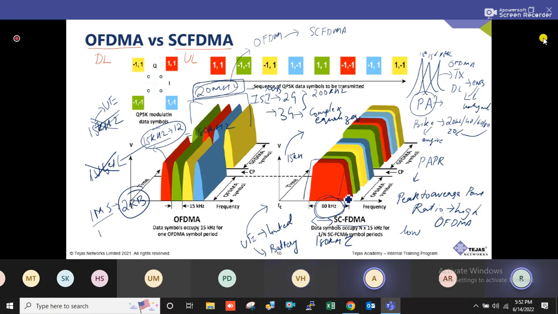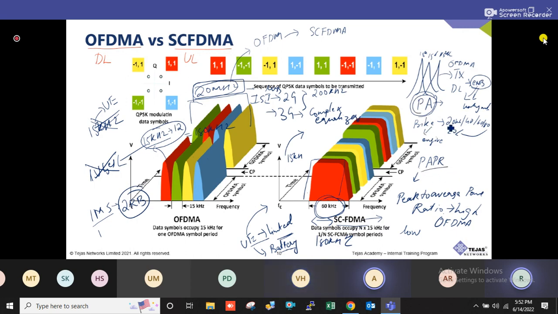So SCFDMA we implemented in uplink only because the UE has limited battery. That's the reason it has gone with SCFDMA. OFDMA, we have gone with in the downlink direction because eNode B has more power. It can tolerate this sort of variation in the power amplifier.